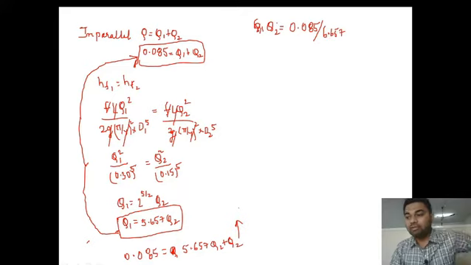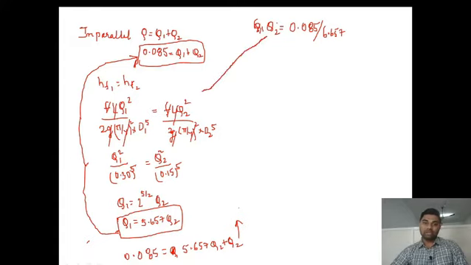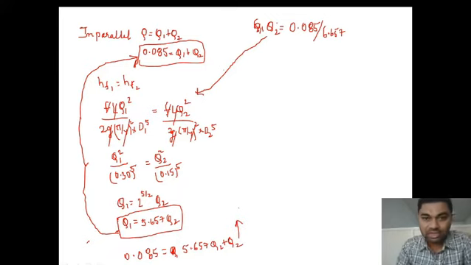This is the value of Q2. We need to find the head loss, right? So substitute this Q2 value in either of these equations. I will substitute in this equation.